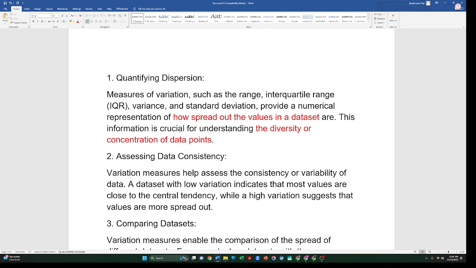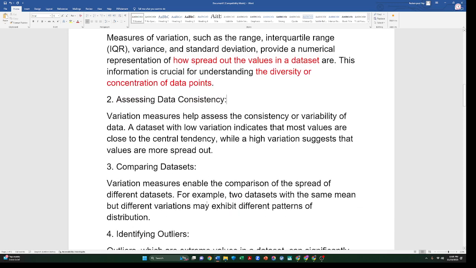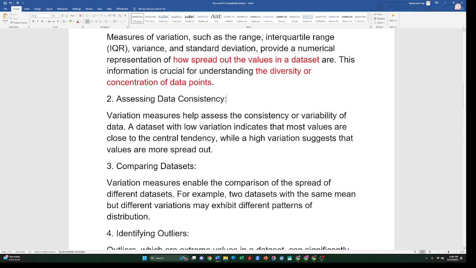And then the second is assessing data consistency. Variation measures help assess the consistency, which is the reliability, or variability of the data set.